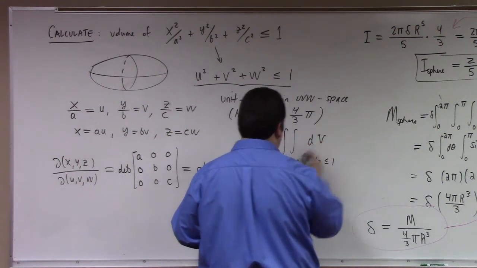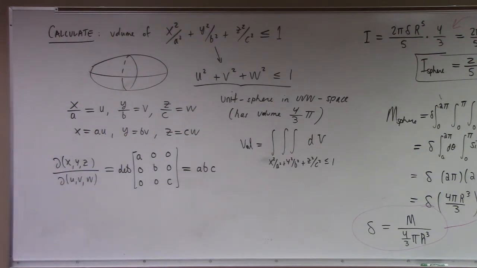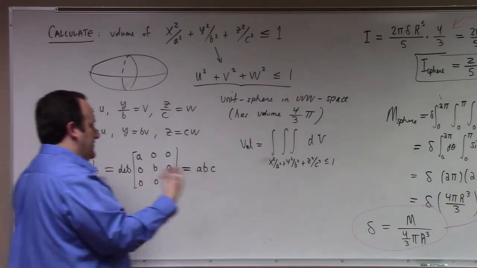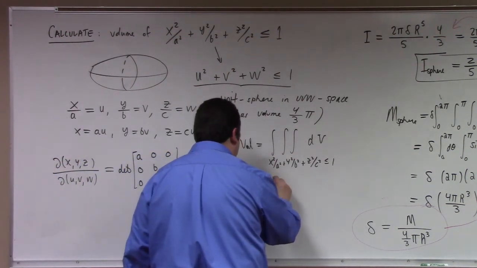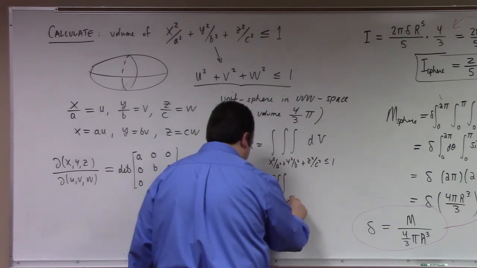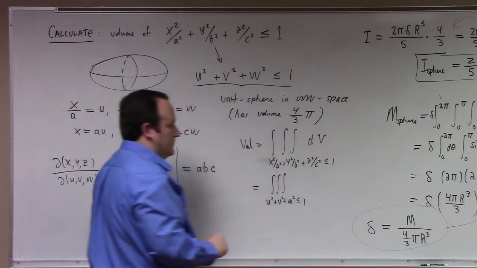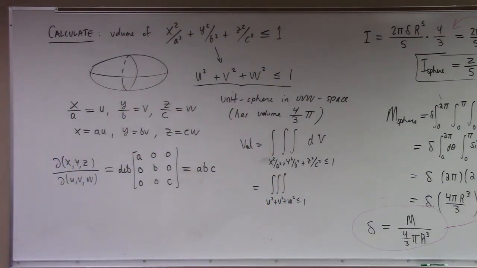That would be the volume, right? The integrand here is just 1. So now I need to change the integrand into UVW coordinates. How do you change 1 into UVW coordinates? Still 1, so that's not exciting.